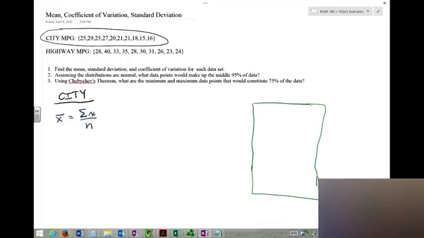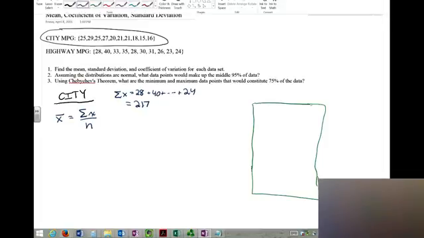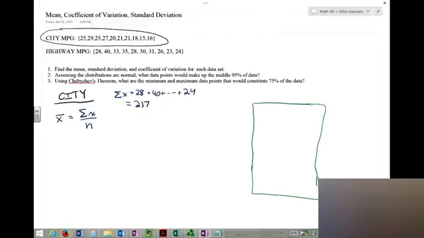The sum of the data, sigma x, just means take the sum of everything. So we have sigma x equals 28 plus 40 plus all the way up to 24. If we add all these up, we get 217. So let me write that over here.